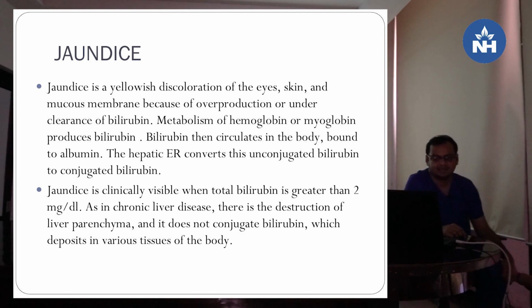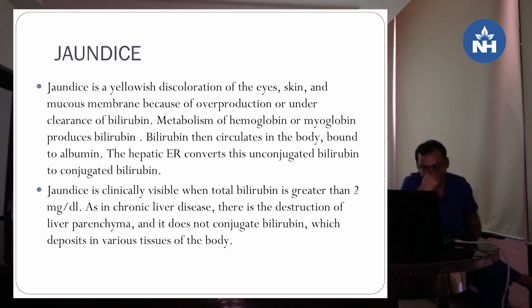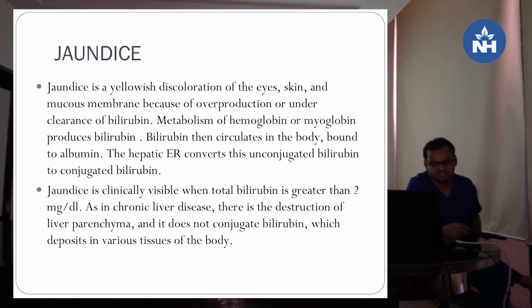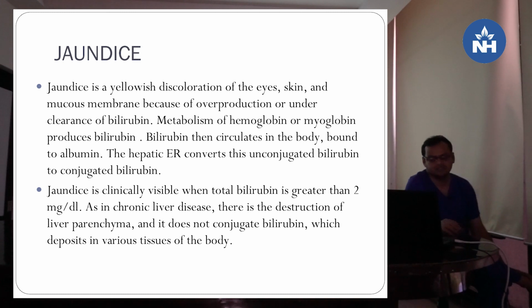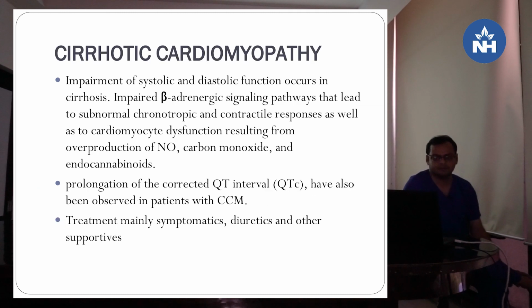The hepatic endoplasmic reticulum converts this unconjugated bilirubin to conjugated bilirubin by glucuronidation. Jaundice is clinically visible when total bilirubin is more than 2 mg per dl. In chronic liver disease, there is destruction of the liver parenchyma and it is not able to conjugate the bilirubin, which deposits in the various tissues of the body.